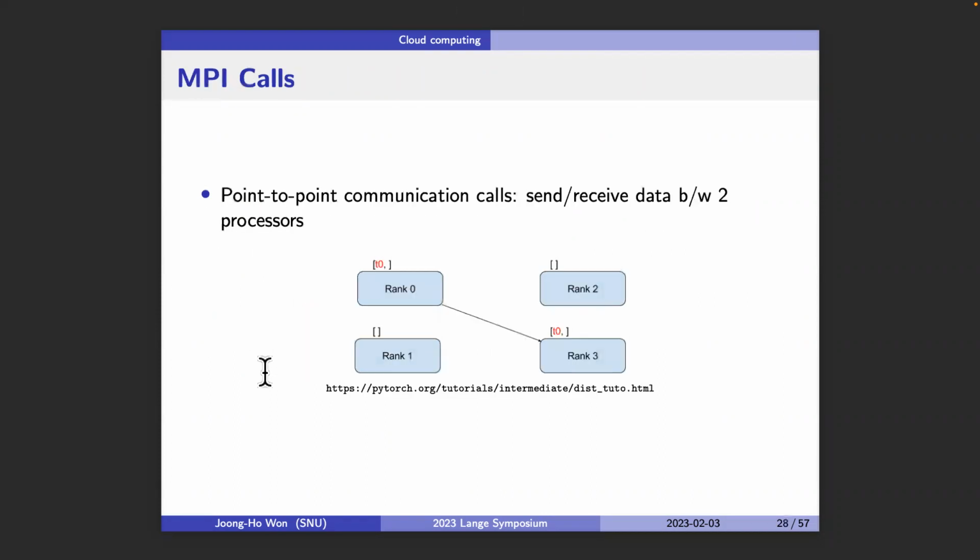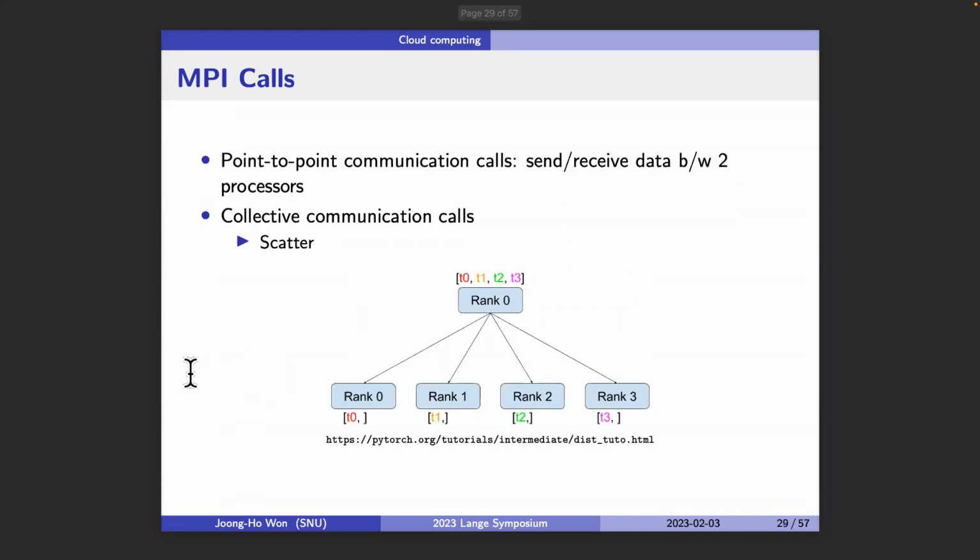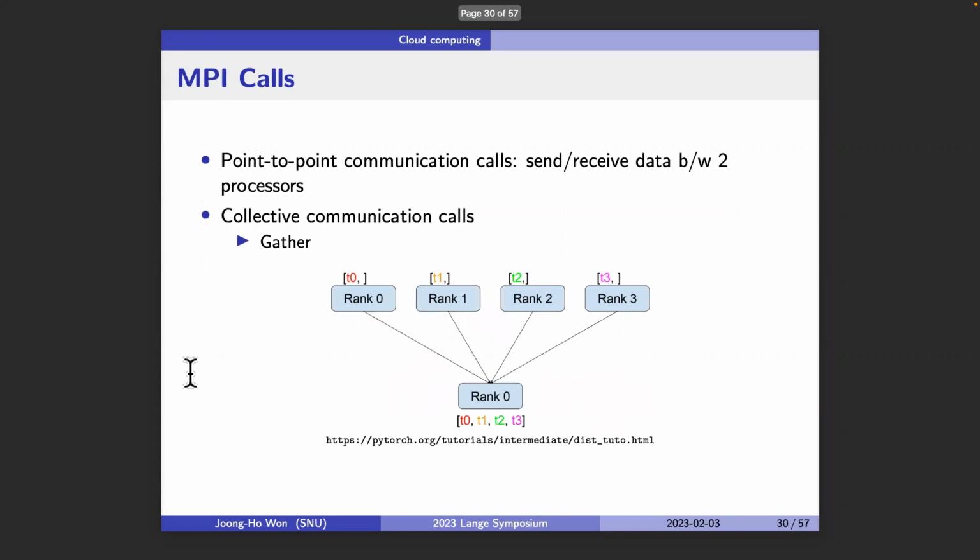Yeah. To just introduce briefly, MPI calls consist of point-to-point communication calls, like sending and receiving data between, say, two processors or machines, and collective communication calls like scatter, which we have just seen for the multi-GPU implementation, and gather, which we have also seen, and reduce.